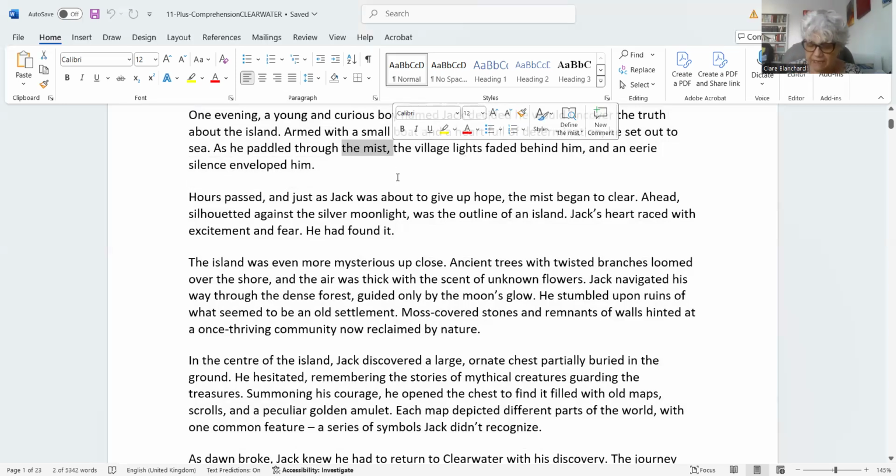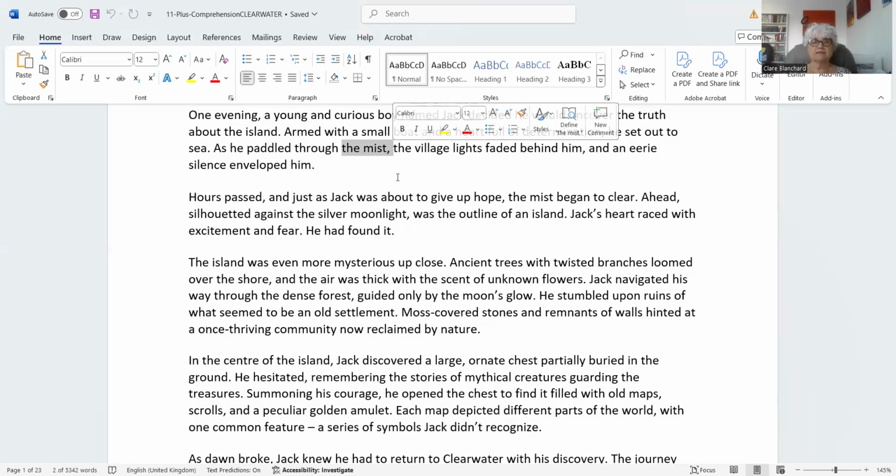So in mystery writing, the author will very often use strange effects of the light to create an atmosphere of mystery or suspense. And there are 2 ways that they typically do that.